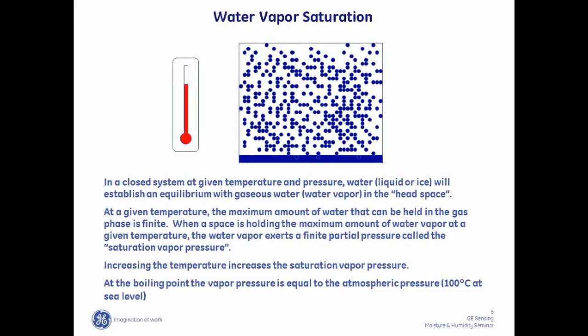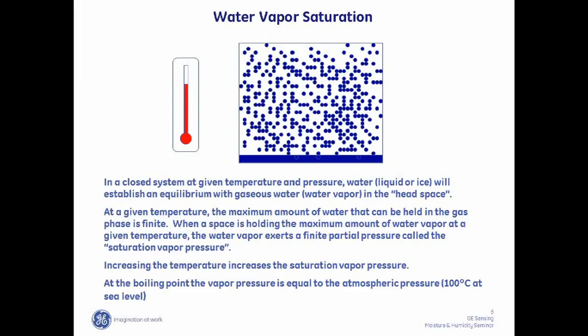It's important to remember that at the boiling point of water, which is normally 100 degrees C or 212 degrees Fahrenheit, that's where the liquid vapor pressure is equal to atmospheric pressure. At sea level, of course, it's 100 degrees C or 212, but if we go to a higher elevation, let's say Denver, water will boil at a lower temperature because the atmospheric pressure is lower.